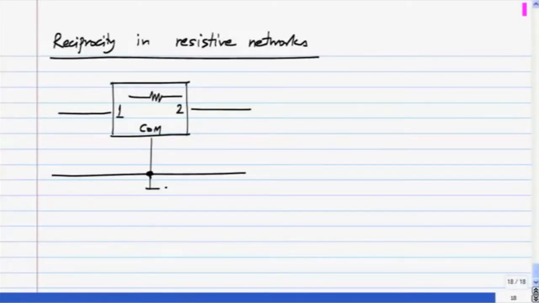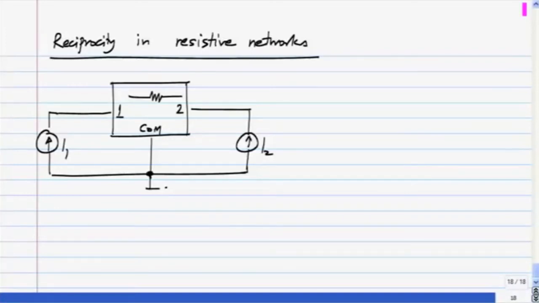Now let's say, just for the sake of it, I will drive it with I1 on this side and I2 on that side. The reason to do this is pretty obvious. I would like to use nodal analysis for the analysis of this. Now we know that nodal analysis is most convenient when you have only resistors and independent current sources.